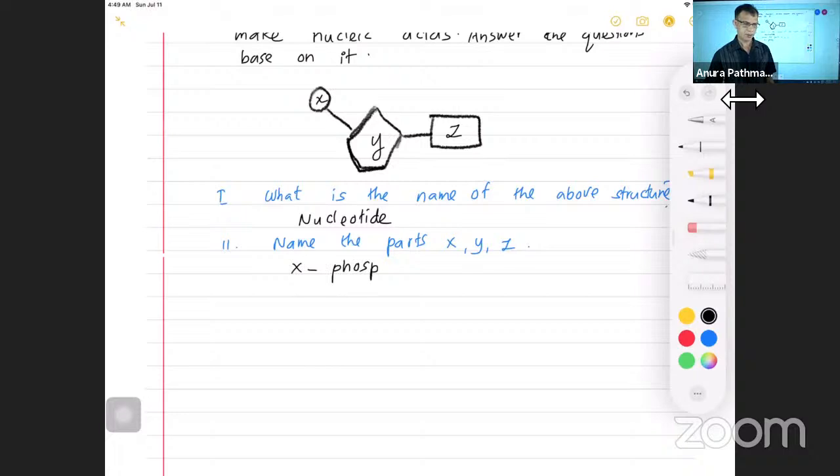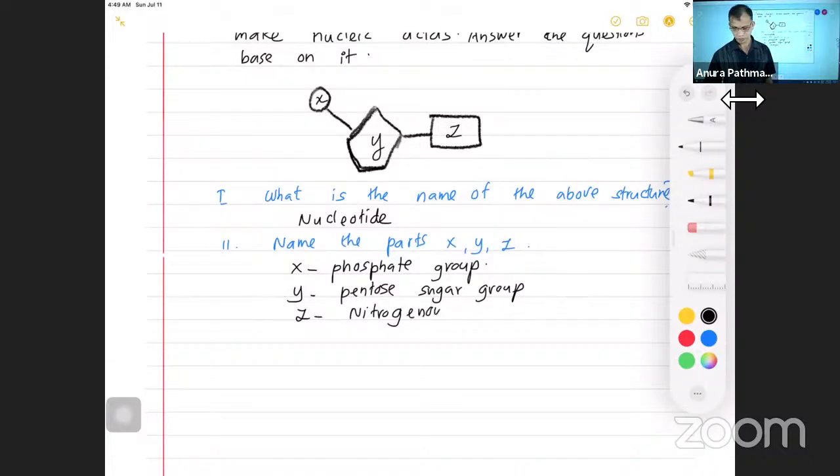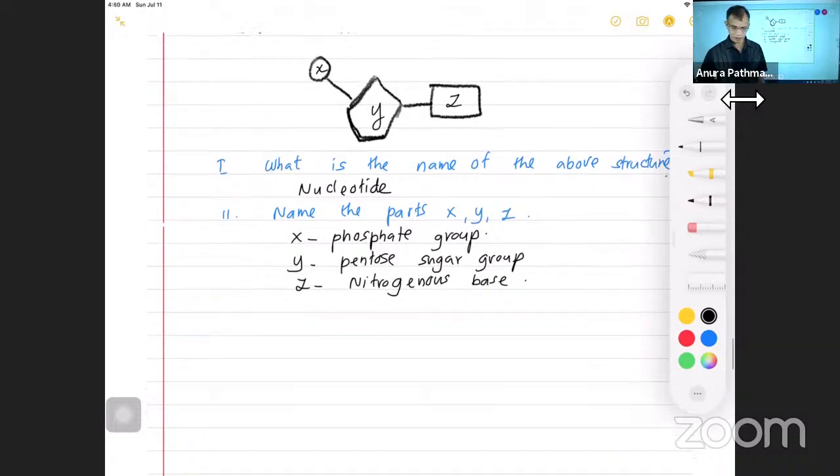Y, pentose sugar group. Z, nitrogenous base. So these are the parts.